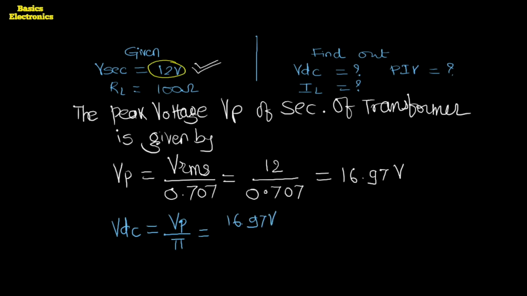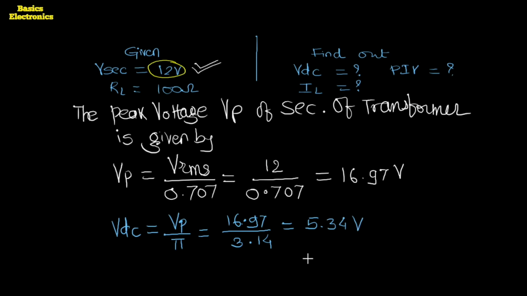16.97 volts. So we write down here 16.97 divided by 3.14. If we calculate it, then we get VDC equals to 5.34 volts.